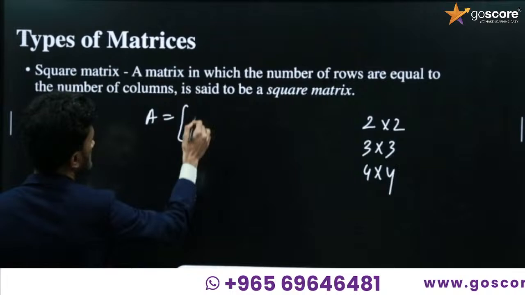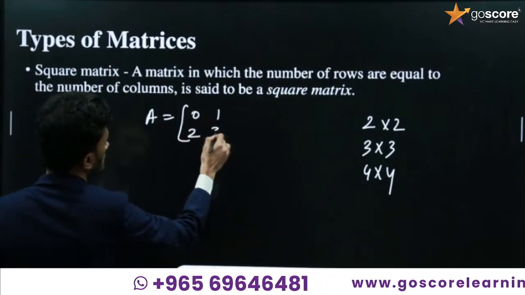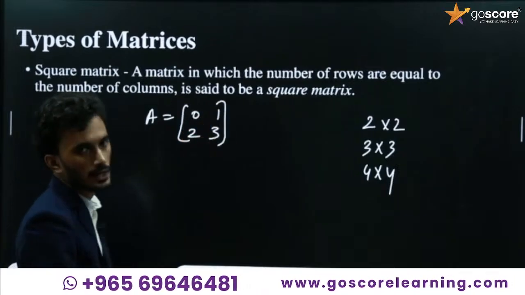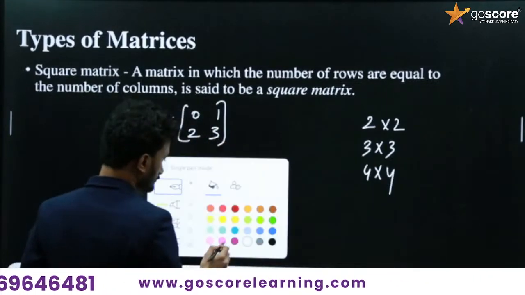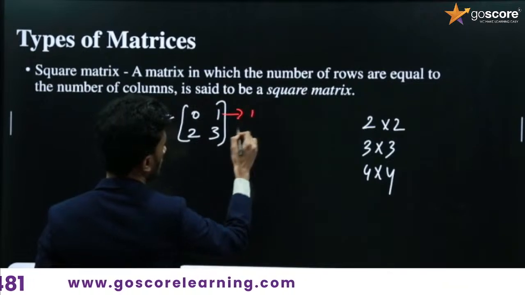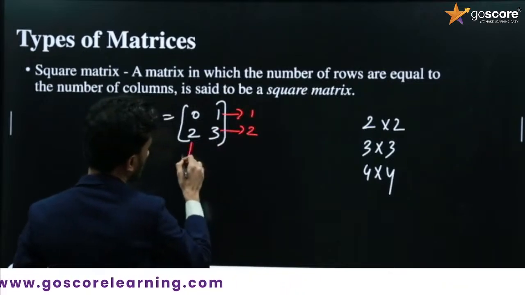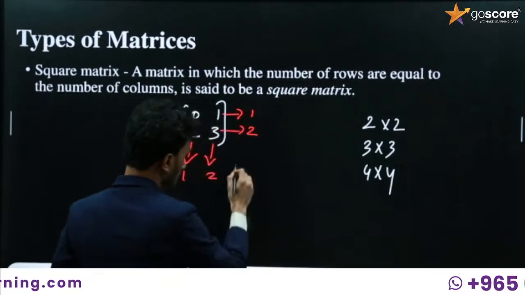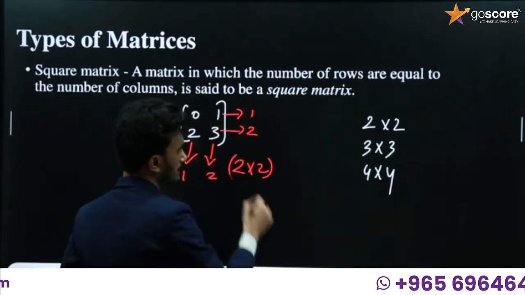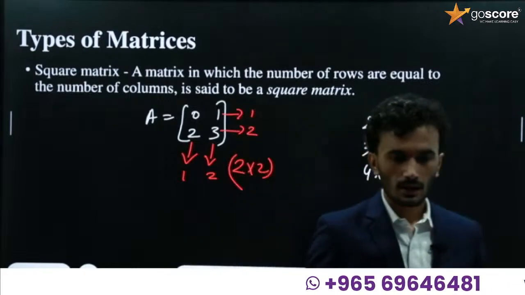A equals 0, 1, 2, 3. Here you can see how many rows? 1, 2. And 2 columns. So this one is a 2 by 2 matrix.